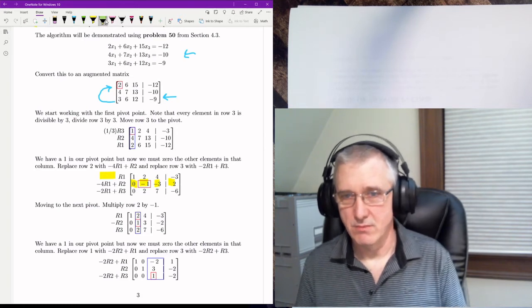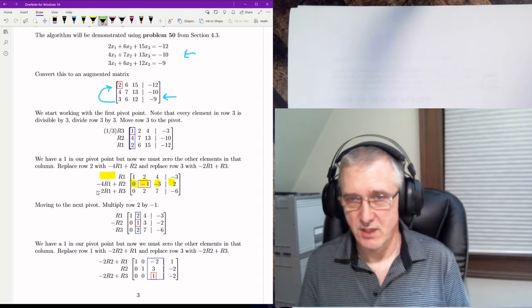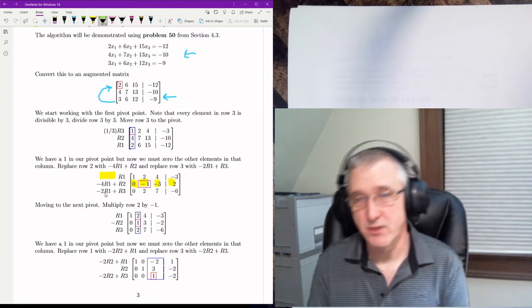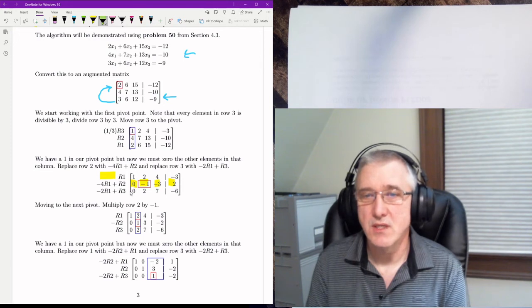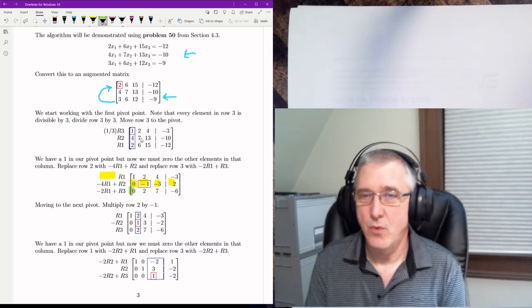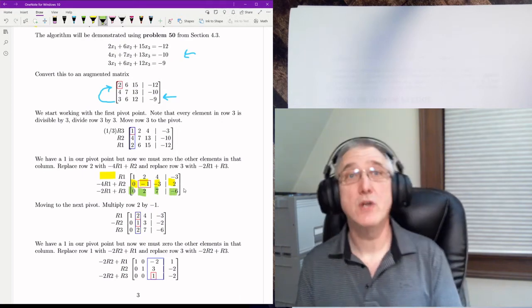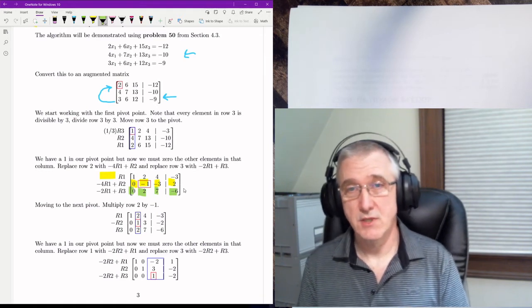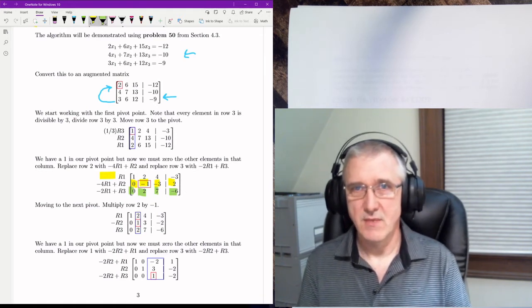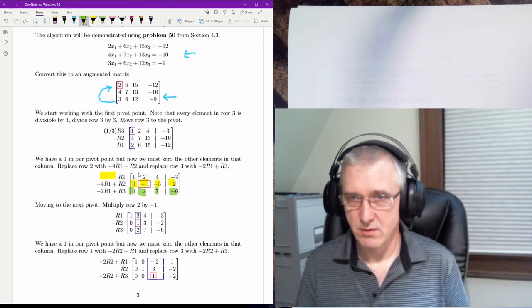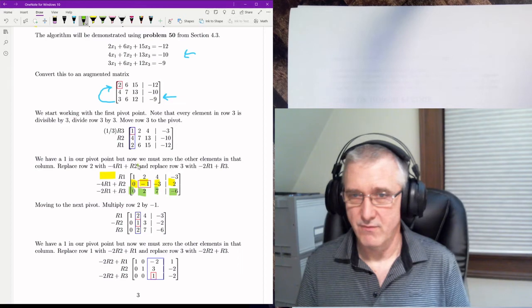So that is row 2. Now moving to the next row, we do minus 2 times row 1 plus row 3. So minus 2 times row 1 will get a 0. Minus 4 plus 6 is 2. Minus 8 plus 15 is 7. And 6 minus 12 is minus 6. If you've got any questions as I'm going through this, do try and ask. So what we've done is we have zeroed out the other values in this column.